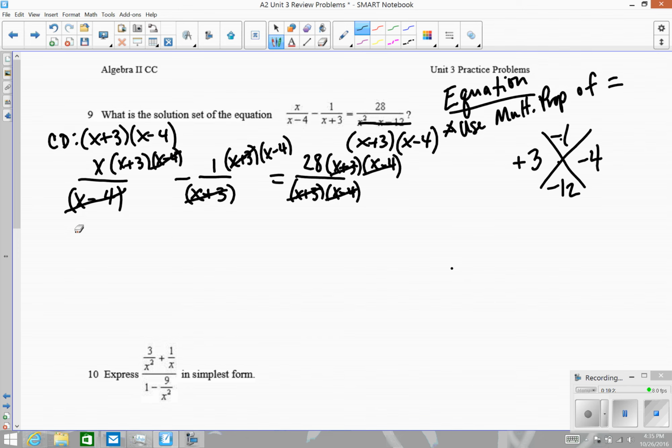This leaves me with x times x plus 3 all over 1, but I don't need to write the over 1, and minus 1 times x minus 4 all over 1. Again, I don't need that over 1. And just a 28 on the other side of my equal sign here. So now I've got an equation that's much simpler to solve than I had when I had all the fraction parts. So I'm going to go ahead and distribute here and solve this equation.